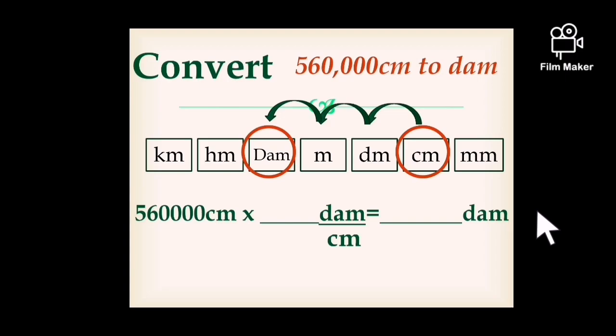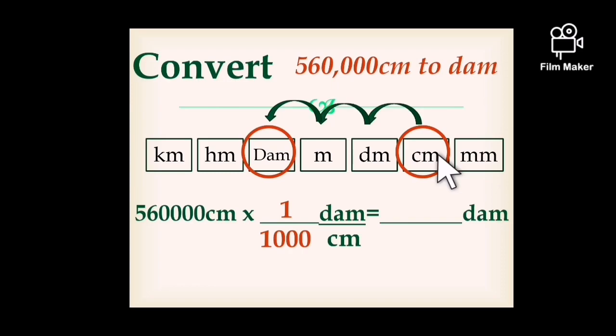So in converting smaller units to bigger units, we are going to divide the given by the powers of 10. Kung ilan yung move natin, ganun din kadami ang i-divide natin doon sa given.